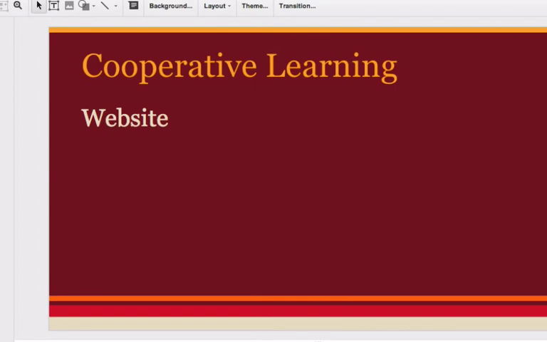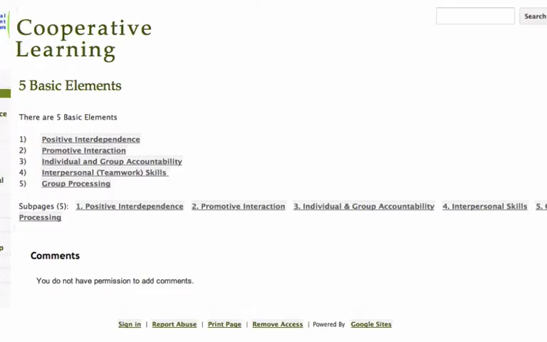Finally, cooperative learning. Now, cooperative learning, I'm using the Johnson & Johnson and Holubec model, not necessarily the model presented by our textbook. Now, you'll understand why when you look at this in a minute. There are 5 basic elements to cooperative learning. First, cooperative learning is not group work.